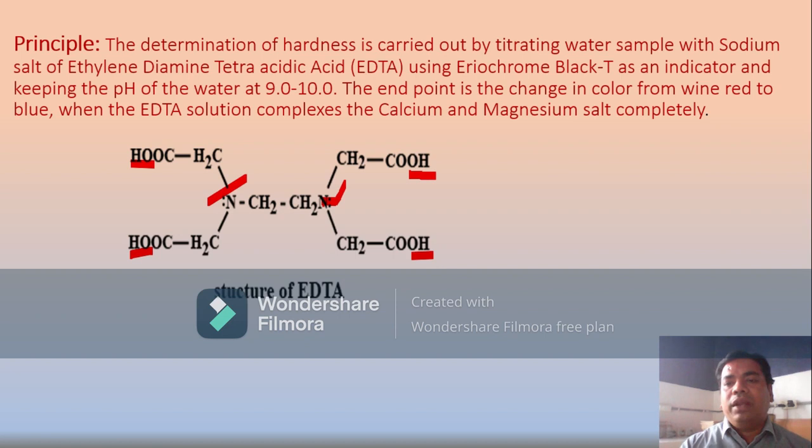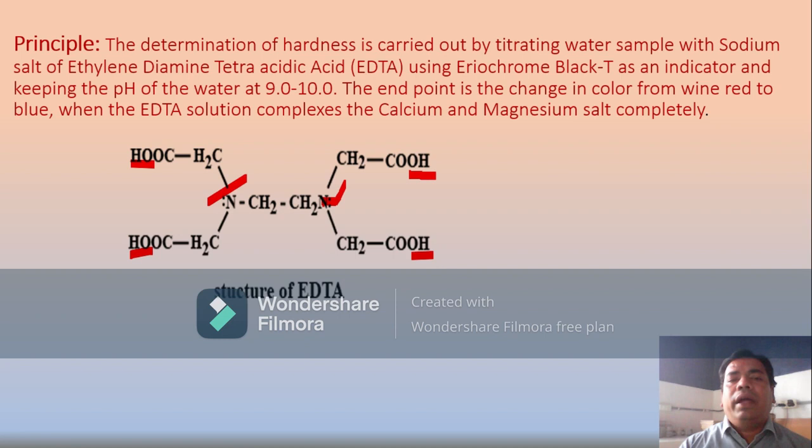That is very important, because the pH of whatever water sample we are taking is, as we know very well, about 7.0 to 8.1 or 8.2. Therefore we have to increase the pH of the solution, so that only then is the complexation possible. That's why we are adding a buffer solution. The buffer solution is added to the water sample, and it increases the pH of the water to between 9.0 and 10.0.